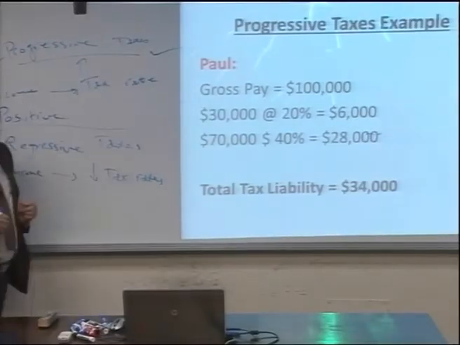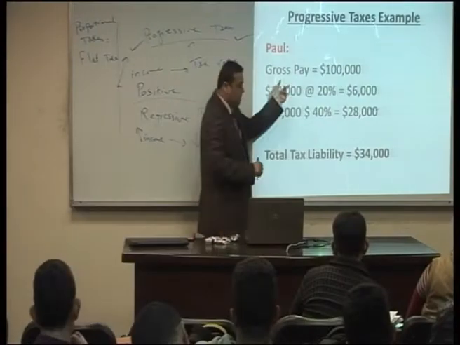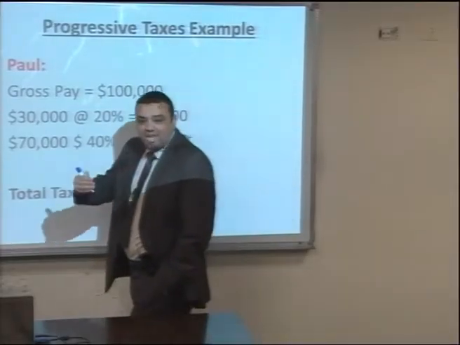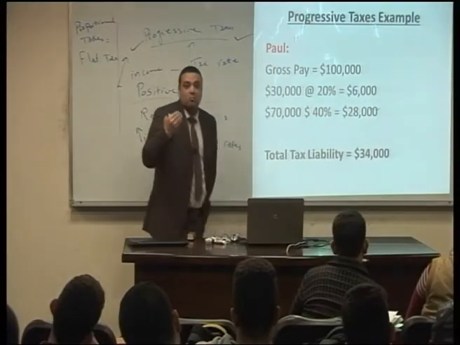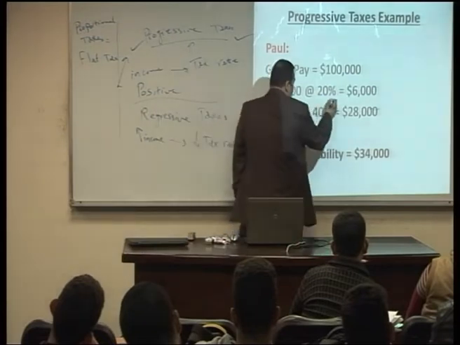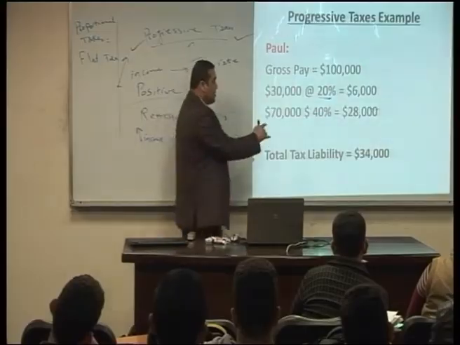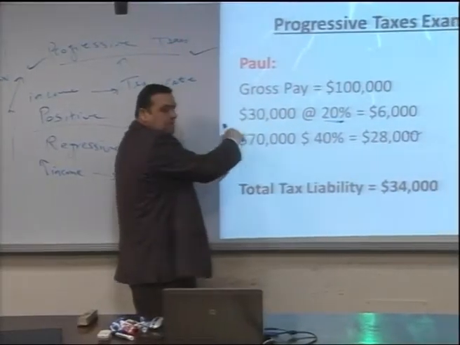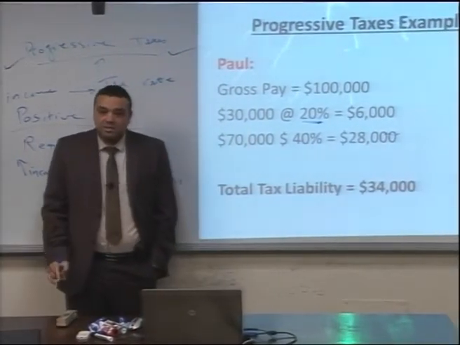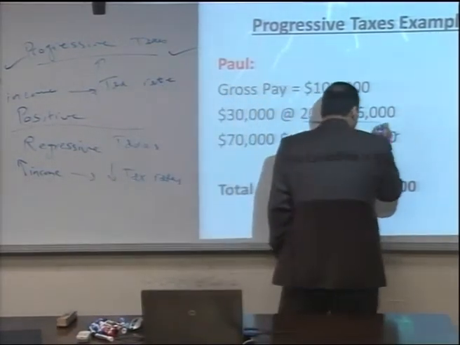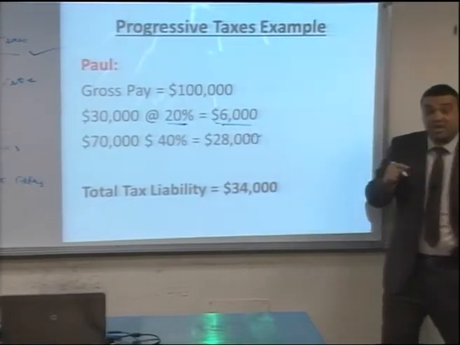For Paul, the gross pay is a salary of $100,000 a year. The first $30,000, he should pay 20%. So 20% times $30,000, the first part of his income, he has to pay $6,000.